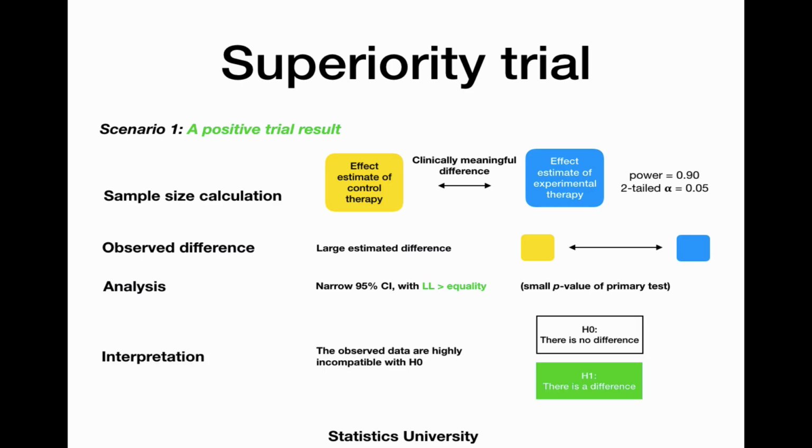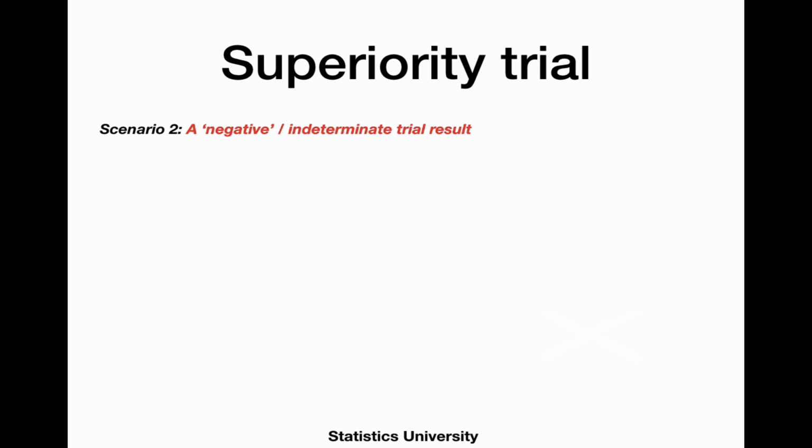Now, the interpretation is that the observed data are highly incompatible with our null hypothesis that there is no difference. And thus, we assume that the alternative hypothesis that there is a real difference is much more likely.